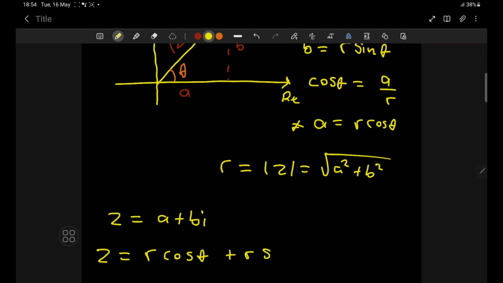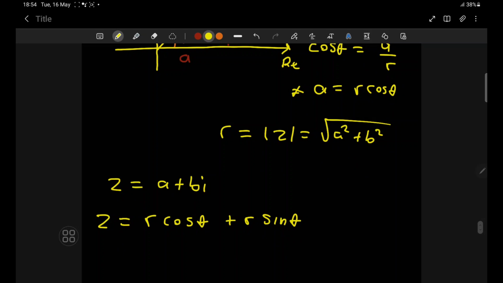So if we factor out r, we have r times cos theta plus, sorry, there is i here, plus i sin theta.